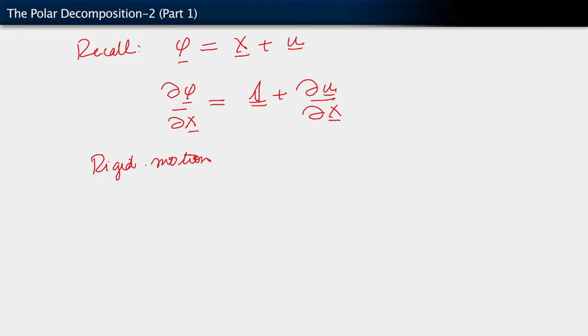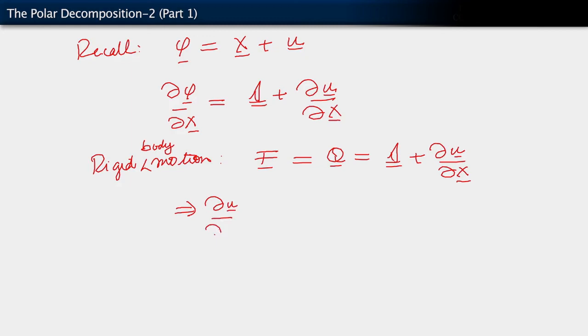For rigid body motions, we have F equals Q, which is the isotropic tensor plus partial of u with respect to x. The reason I've gone through this is to show us that the displacement gradient, which is what enters the definition of the infinitesimal strain, is Q minus the isotropic tensor in this case.